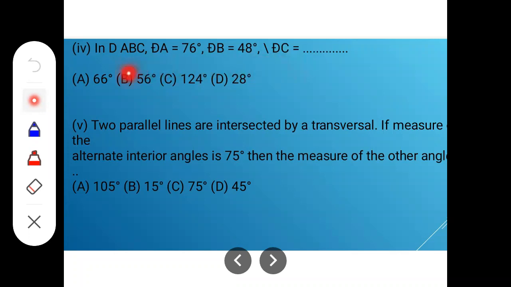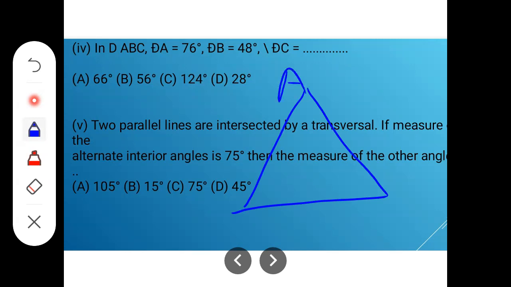We all know that the sum of the measures of all angles of a triangle is 180 degrees. So if two of them are given, then we can easily find the value of the remaining angle. Here, suppose that is triangle ABC, angle A is given 76 degrees, B is given 48 degrees. So how will we calculate it?